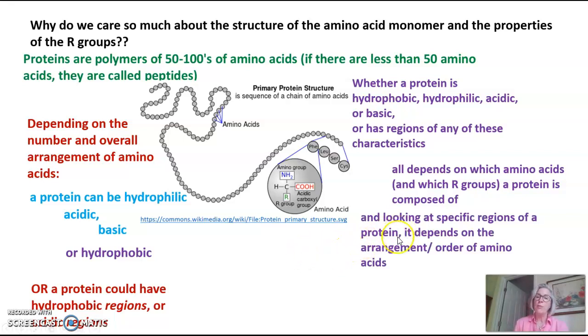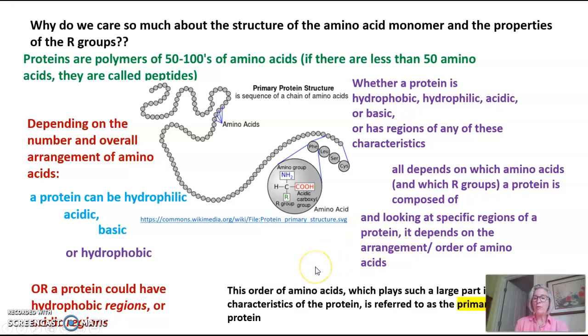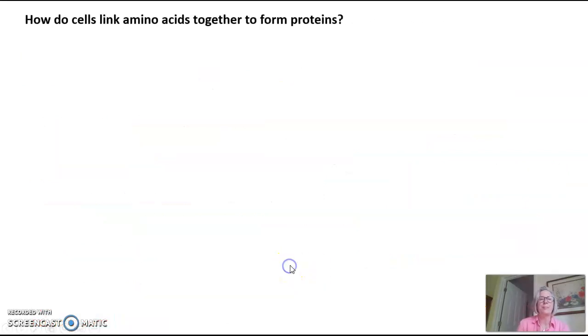And looking at specific regions of the protein, it depends on the arrangement or the order of amino acids. This order of amino acids in a protein, which plays such a large part in determining the characteristics of a protein, is referred to as the primary structure of the protein.